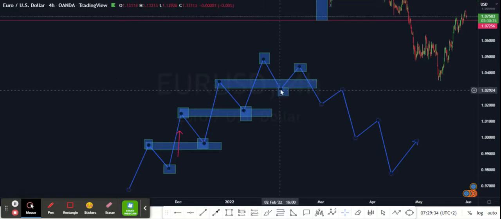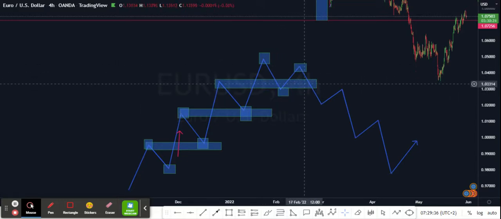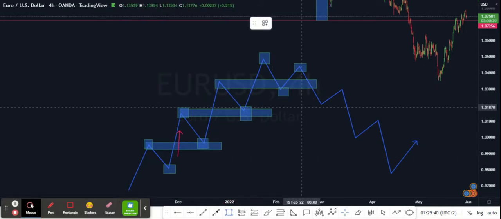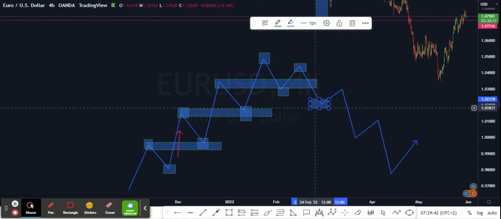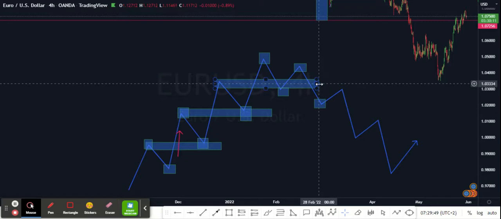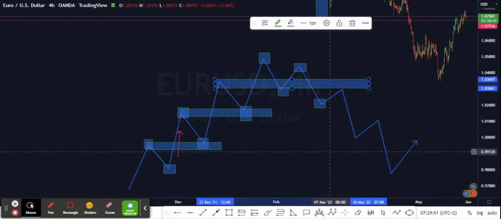So the market will come down and break the previous low. Immediately when the previous low is broken and this one closes below it, it's a hint that the market has actually changed its path.